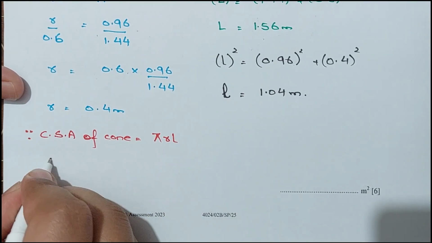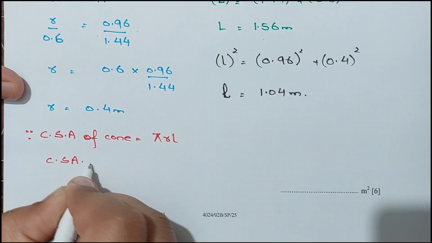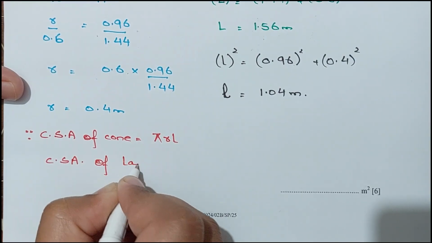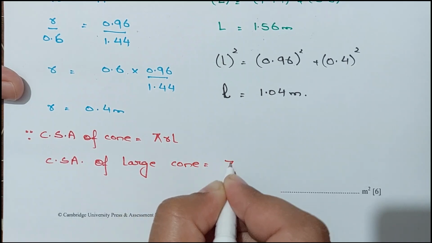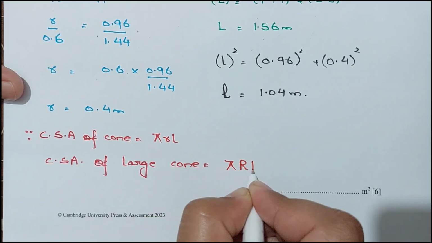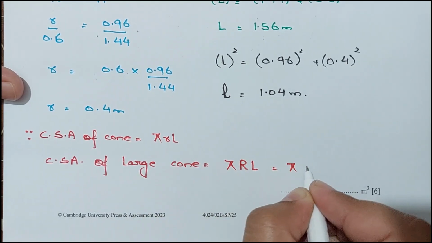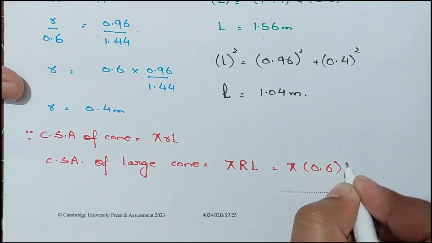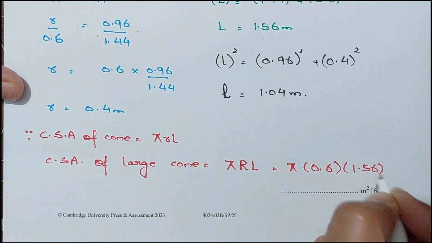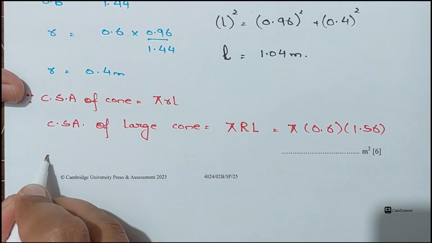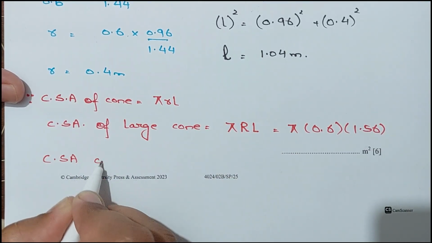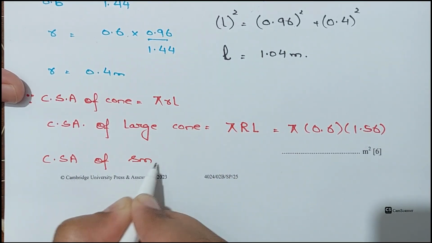Now the curved surface area of the large cone is pi, radius and L. So pi, its radius is 0.6 and its L is 1.56. And we have to find the curved surface area of the small cone.